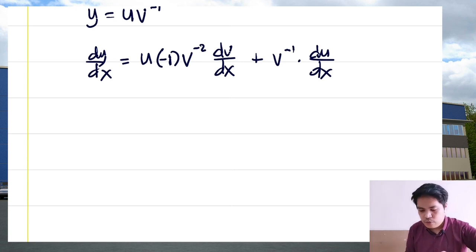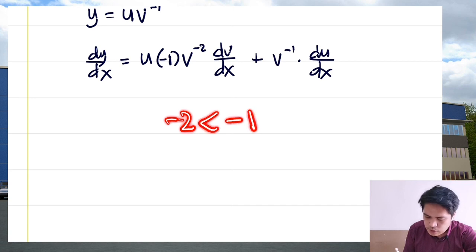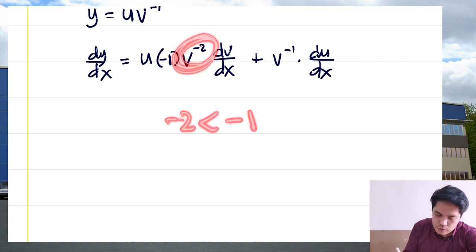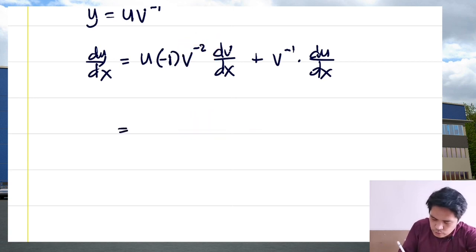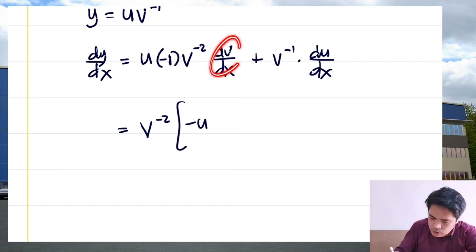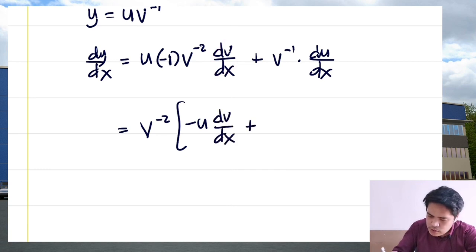Ayan. So from here, we could factor out v, and yung pinaka lesser na exponent ng v, yun yung i-factor out. In this case, negative 2 is less than negative 1, so we need to factor out v raised to negative 2. So if we factor out v raised to negative 2, this will become negative u times dv over dx, plus, since we factored out v raised to negative 2, it's like we divided this by v raised to negative 2.